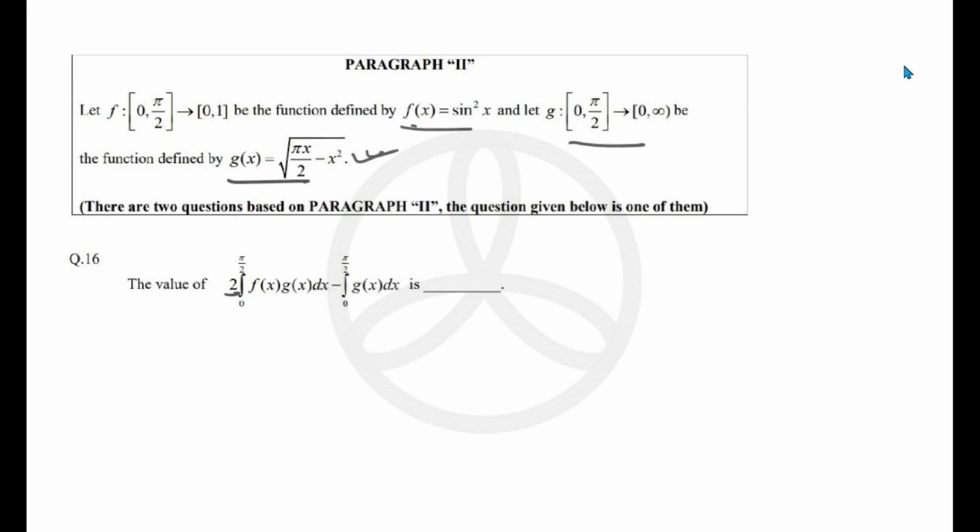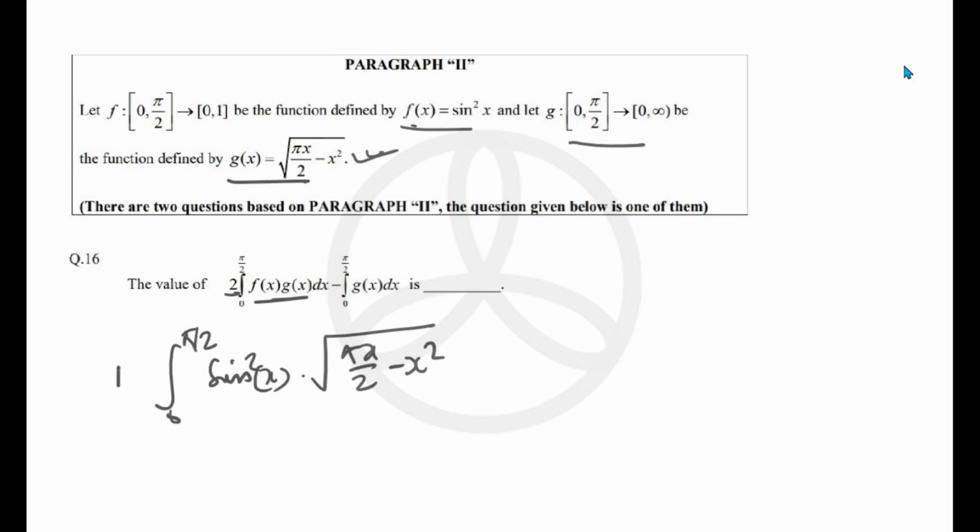First of all, we do this one, which is the integral from 0 to pi/2, where f(x) is sine square x, and g(x) is the square root of pi x minus 2 x square.